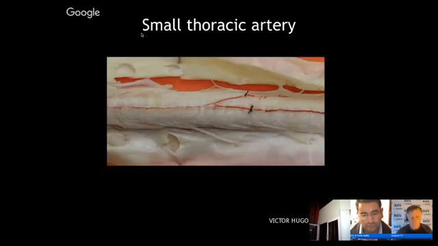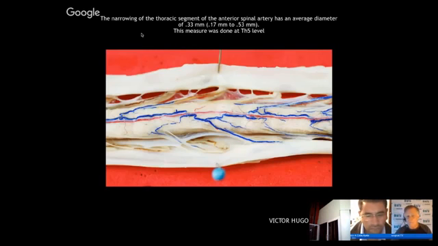A small thoracic artery. The narrowing of the thoracic segment of the anterior spinal artery has an average diameter of 0.33 millimeters, from 0.17 to 0.53 millimeters. This measure was done at thoracic 5 level.